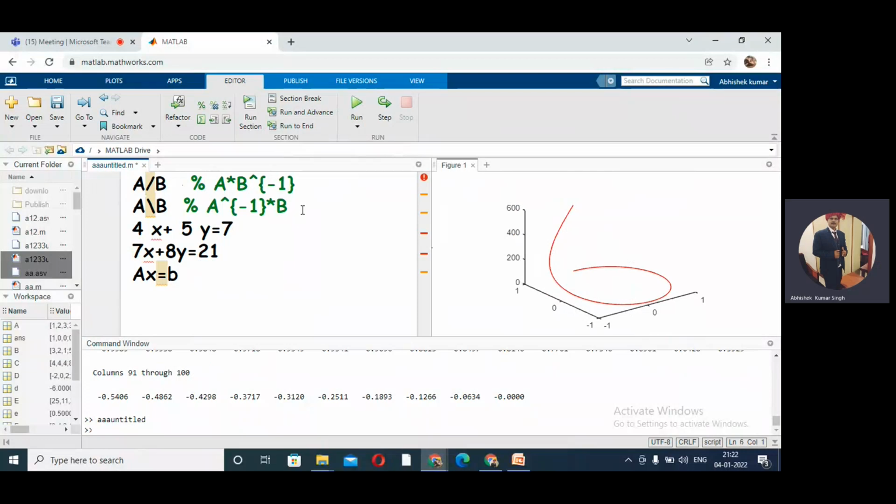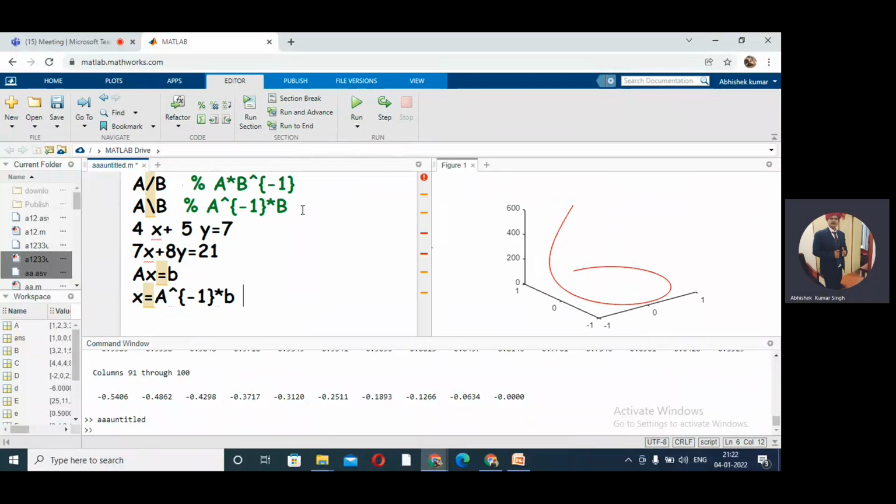So what is the x? X will be A inverse into B, right? I'm multiplying by A inverse on both sides. So left hand side is identity, right hand side is A inverse B. So we are going to use the left division and right division.